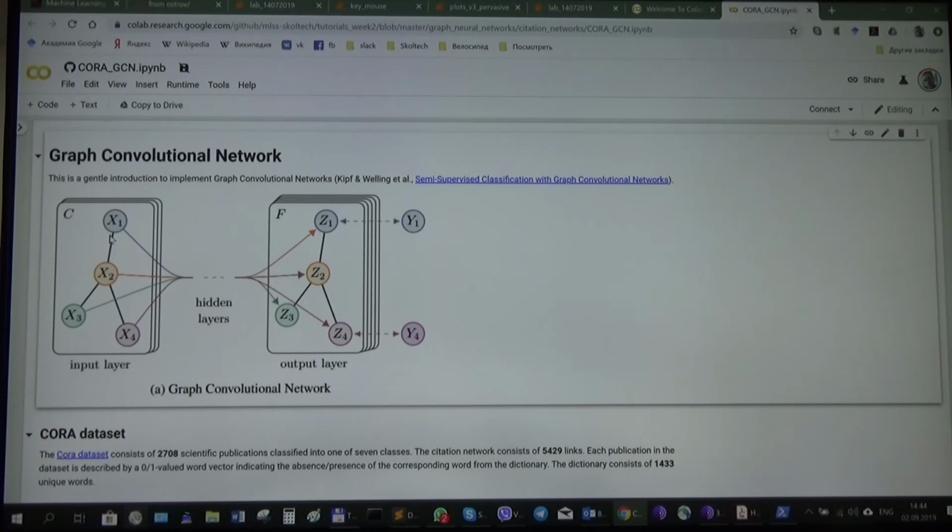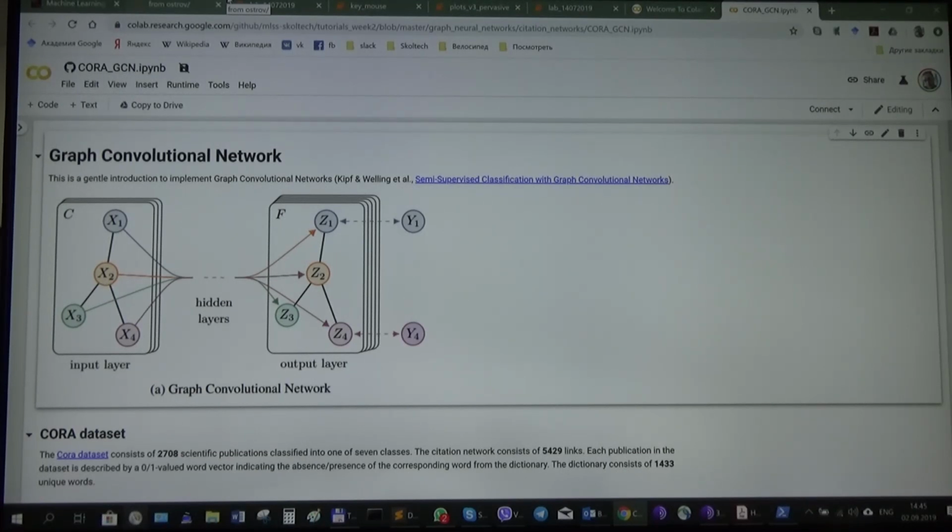Because what it does is, each layer of this neural network creates some hidden layers. They essentially just make a multiplication of the Laplacian of the graph, which is a specially prepared adjacency matrix, multiplied by the features in the nodes of the graph and multiplied by weights, essentially parameterizing this layer.